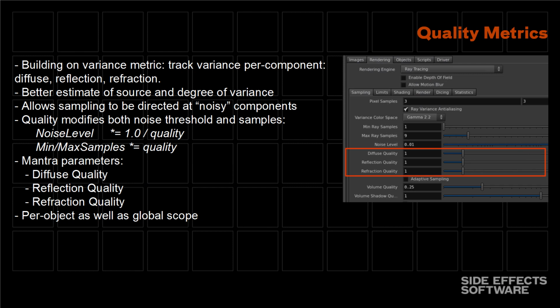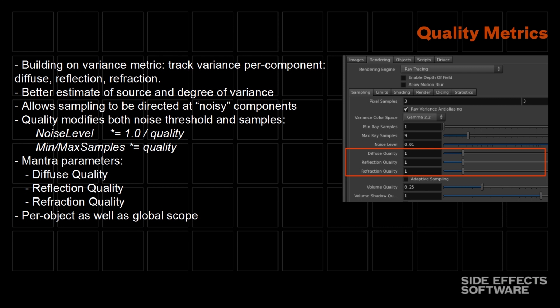The other thing that we'll look at in Houdini 15 is something that we spent a bit of time on, introducing quality metrics. This is built on top of the whole idea of variance in terms of tracking the variance. However, the initial implementation was tracking variance globally per pixel without respect to what the source of that variance was. Whereas in Houdini 15, we're offering metrics that say, let's measure the variance, but let's measure it per component.